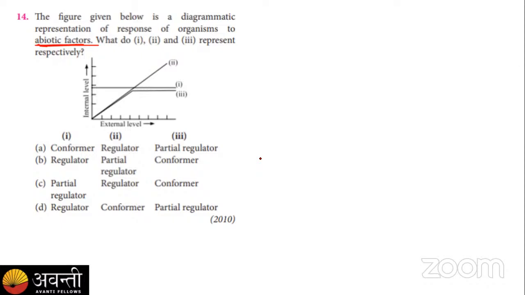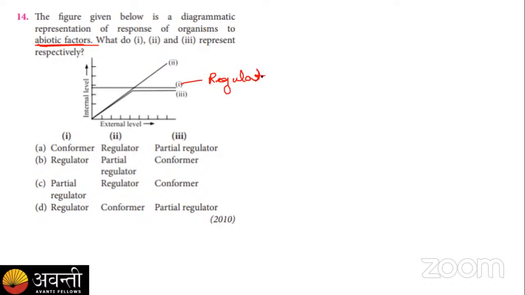Okay, so as everyone has given the answer, as you can see, the straight line, the line which is parallel to the x-axis, is showing there is no change in the internal condition of an organism, right?